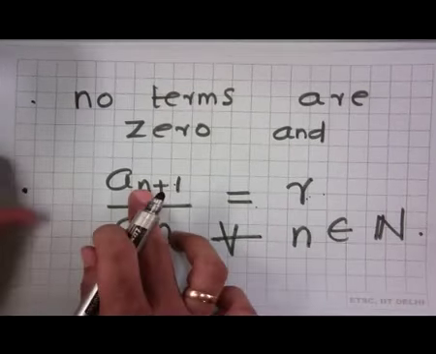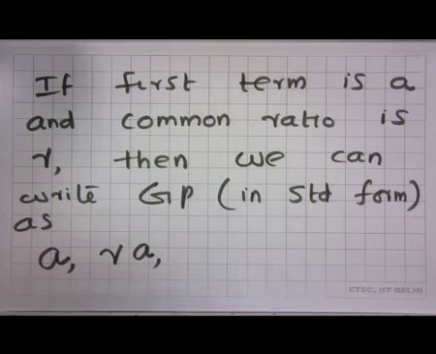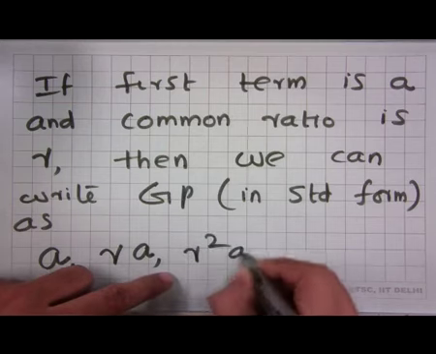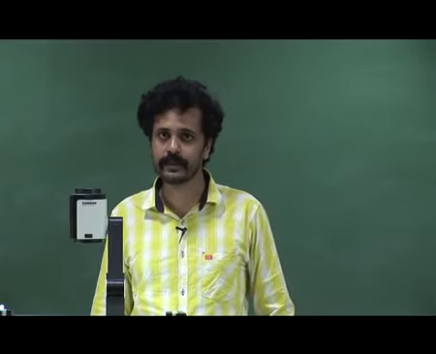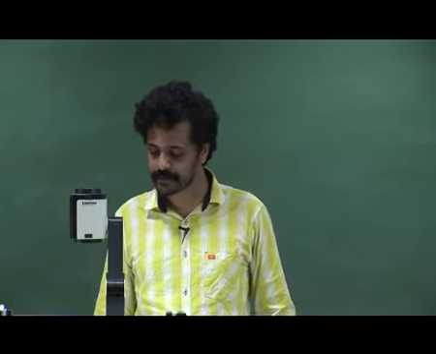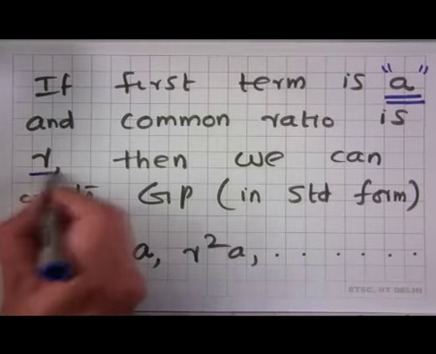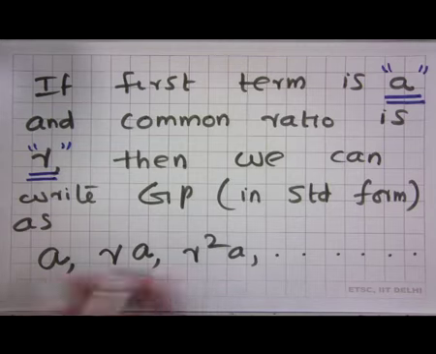So a_(n+1) is r times a_n. So the second term will be r times the first term. The third term will be r times the second term, which is r square a, and so on. So the standard form of a geometric progression with first term a and common ratio r is given by a, ar, ar square, and so on.